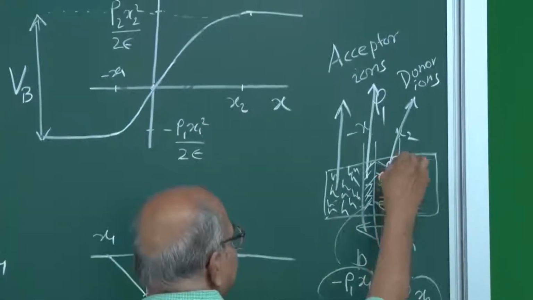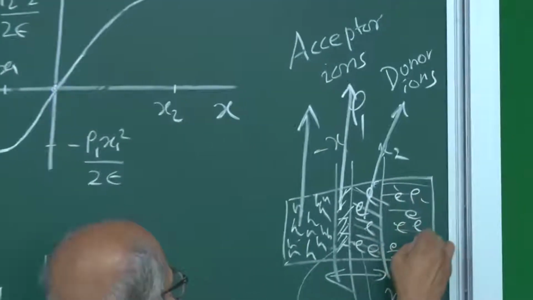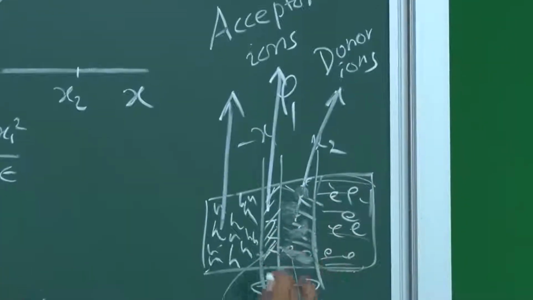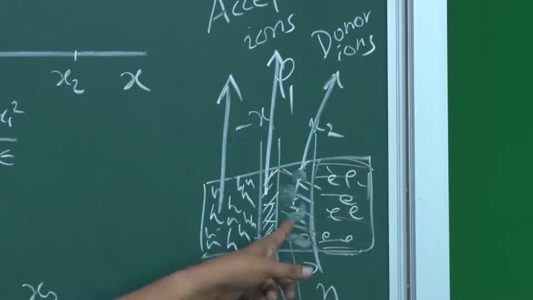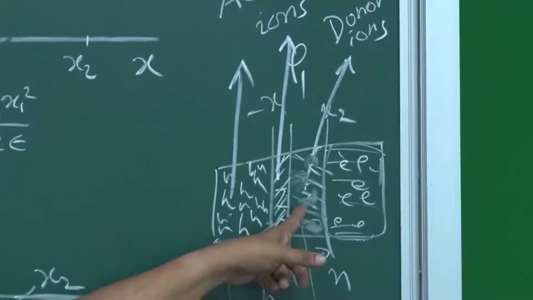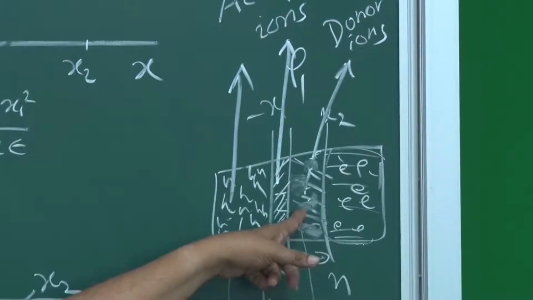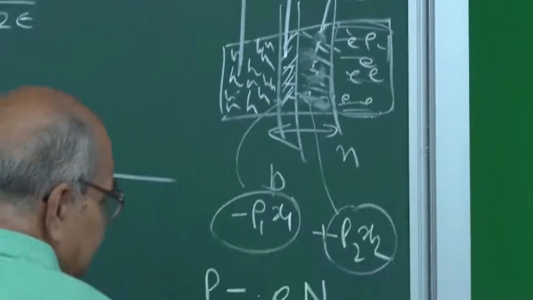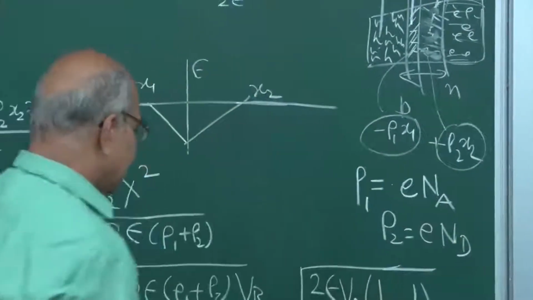So those electrons were there here also, and this whole thing was neutral, but from here the electrons have gone, and therefore those positive charges will appear here, those donor ions, each donor ion will give you 1 unit of charge, plus E, and therefore rho 2 will be E times Nd, density of donor ions.